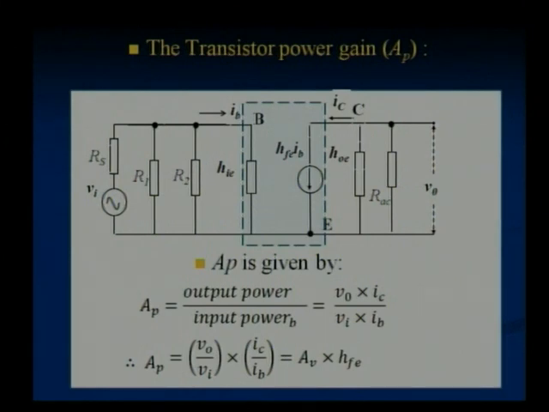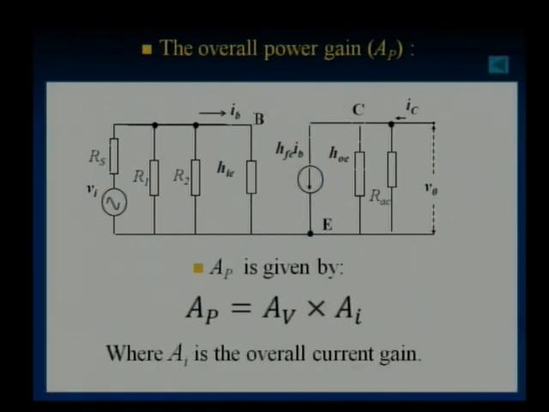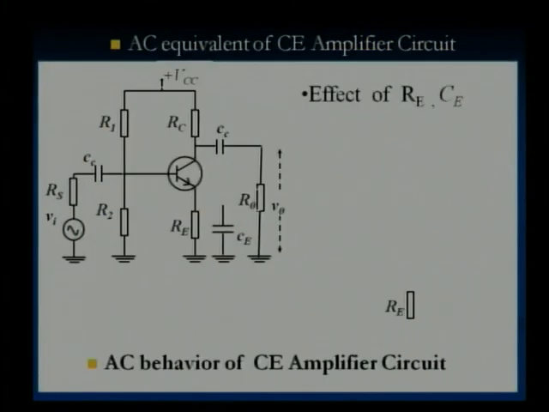Slightly rearranging, we get the transistor power gain as A_V, the voltage gain of the transistor by itself, into h_fe. And the overall power gain of the circuit, A_P, is voltage gain into current gain. Mind well, the current gain here is not of the transistor, but the overall current gain.